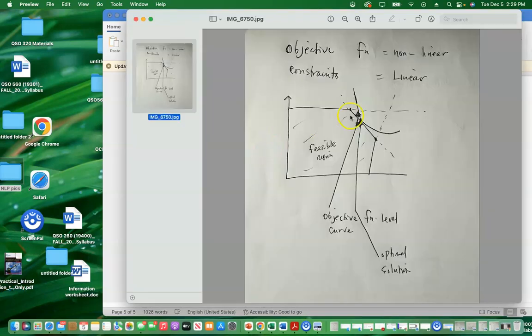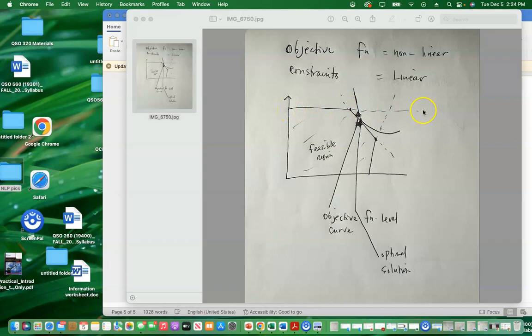If you look at this, you can see that the objective function is not linear because it is concave, but the constraints are linear because we have this straight line, and also the other straight line, and we have this line here.